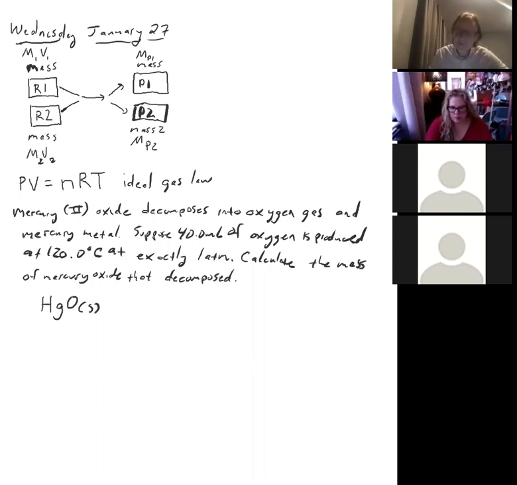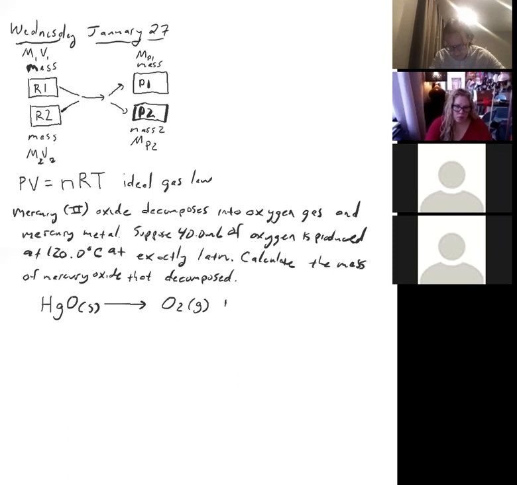And going back to chapter 3, decomposition is where something, typically a compound, breaks up into smaller components, often, not always, but often elements. So for this one, it's producing oxygen gas. Remember, oxygen's diatomic.